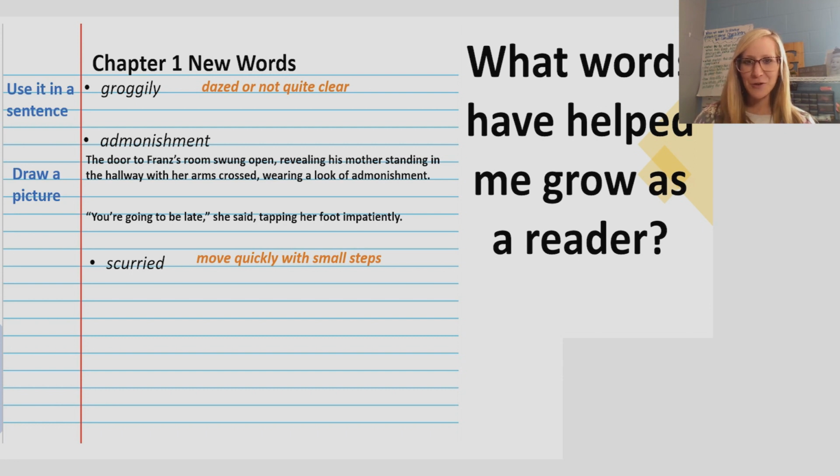And of course, it already flew up on your screen, but I want you to look at the word scurried, which means to move quickly with small steps. What words might the author have used opposite of scurried? For example, if the author would have used strolled, like you have seen up on the screen, he would have given the readers the idea that Franz was not in a hurry.